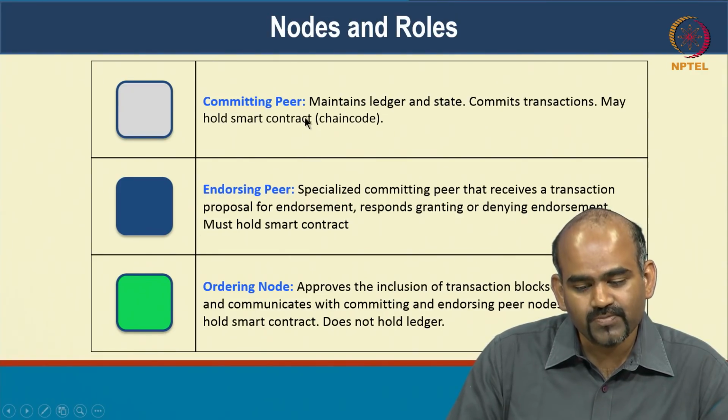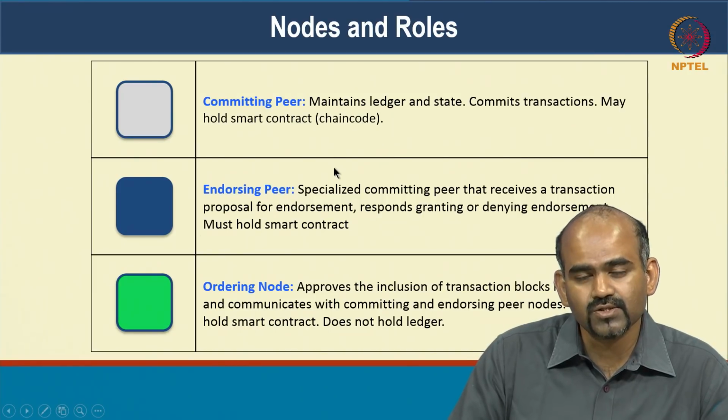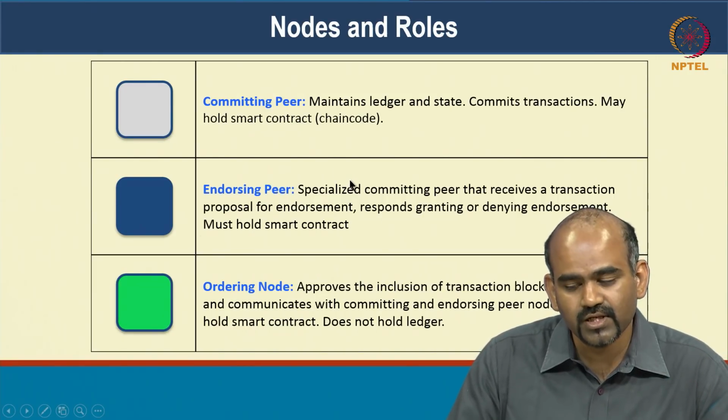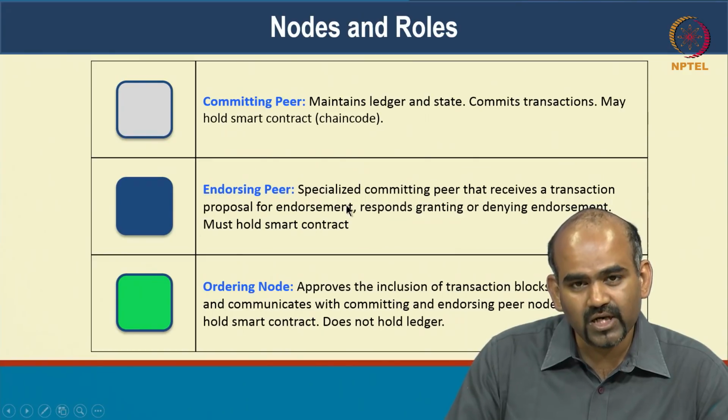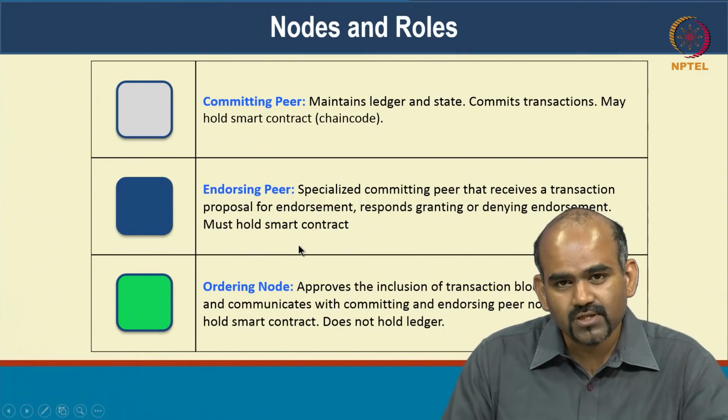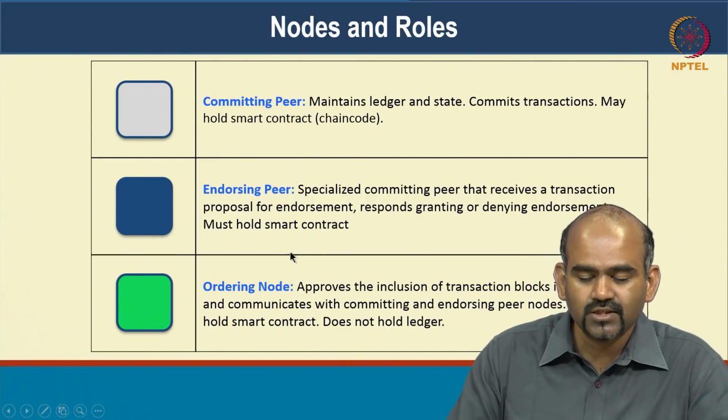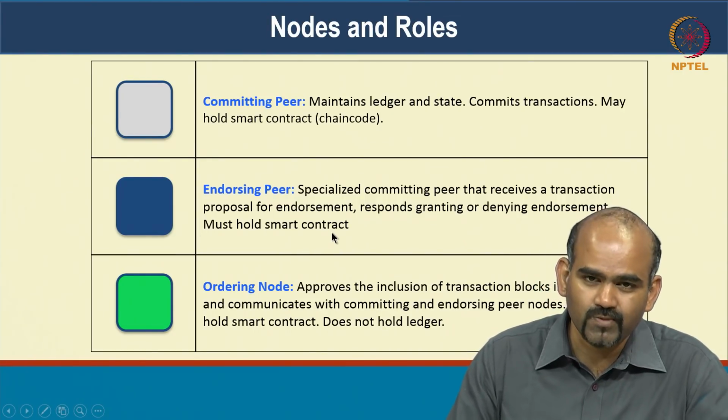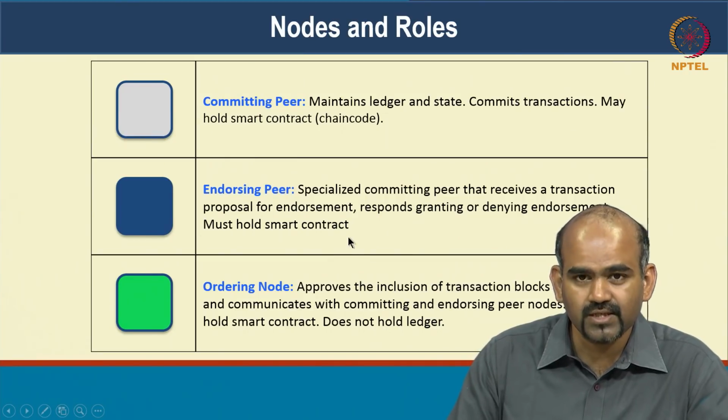This is a specialized notion. So beyond just committing all the transactions, you're also responsible for executing the transactions, coming up with the output, and then agreeing whether this is a legitimate transaction or not. That is the notion of endorsement. And obviously, because you're going to execute the transaction, you need to hold a copy of the smart contract and you need to be executing that smart contract.